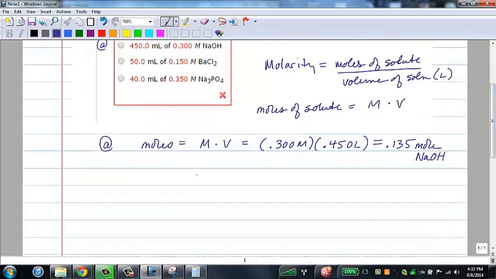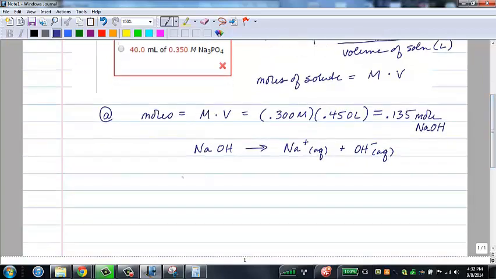NaOH breaks apart into 2 ions when placed into water, the Na+ ion and the OH- or hydroxide ion. So the total moles of ions would be 0.135 moles times 2.